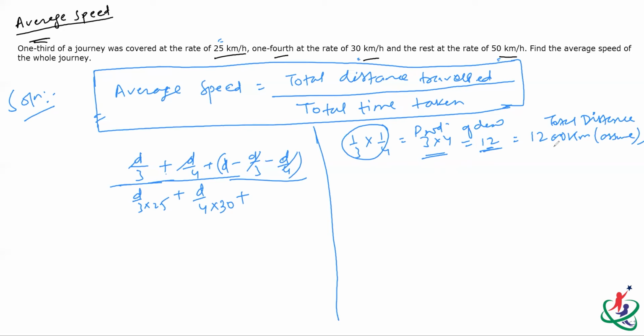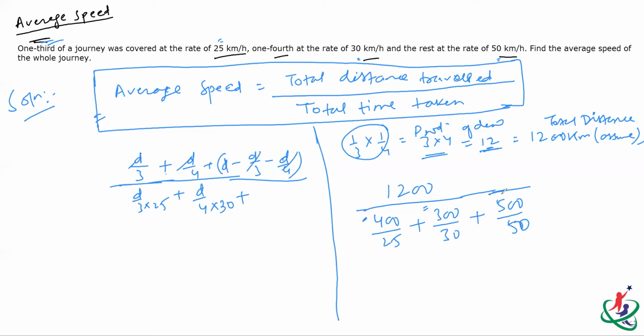So now you see, 1200 total distance, apply the formula: total distance upon time. 1/3 of 1200 is 400 at the speed of 25, and 1/4 is 300 at the speed of 30, and then 400 plus 300 gone, remaining 500 at 50. How good the numbers are! Do you need a paper and pen to solve it? Of course not, you can calculate it mentally.